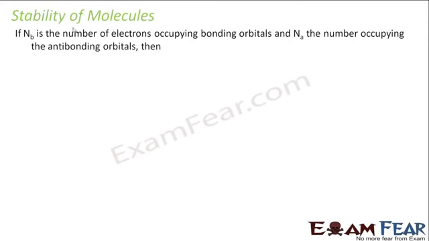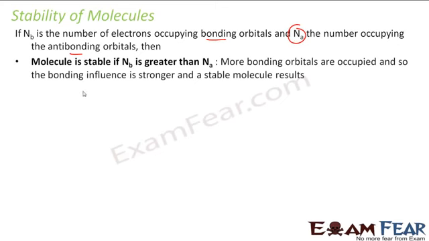So let's suppose Nb is the number of electrons in bonding orbitals and Na is the number of electrons in anti-bonding orbitals. Then my molecule is stable if the number of electrons in bonding is greater than the number of electrons in anti-bonding. So if my bonding electrons are greater than anti-bonding electrons, my molecule is stable.